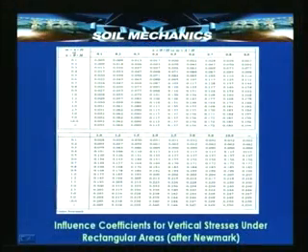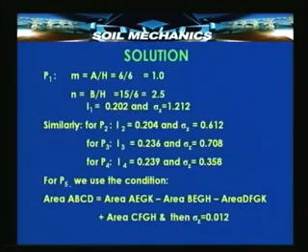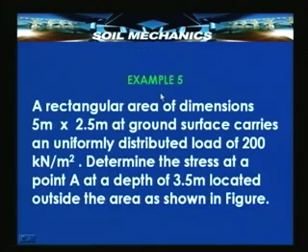If you take this table, we have m equal to 1.0 and n equal to 1.5 upon c. Let us take a look. M is equal to 1 and n equal to 2.5, actually it should be 2.25.